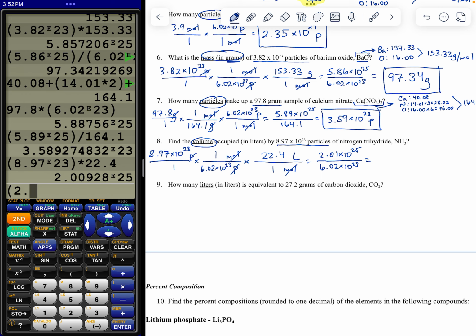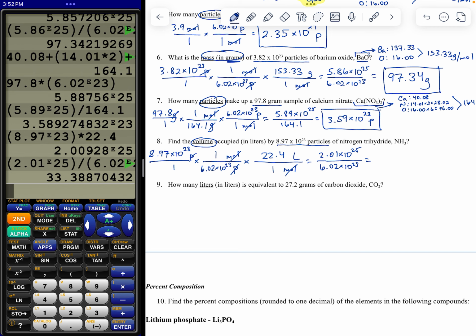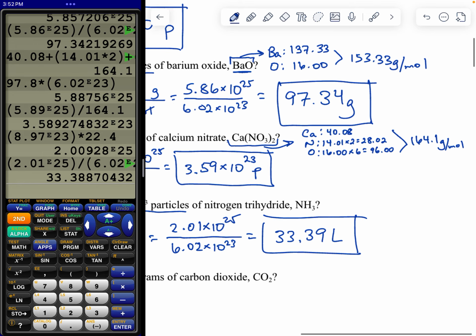And we take 2.01 times 10 to the 25th divided by 6.02 times 10 to the 23rd. And we end up with 33.39 liters.